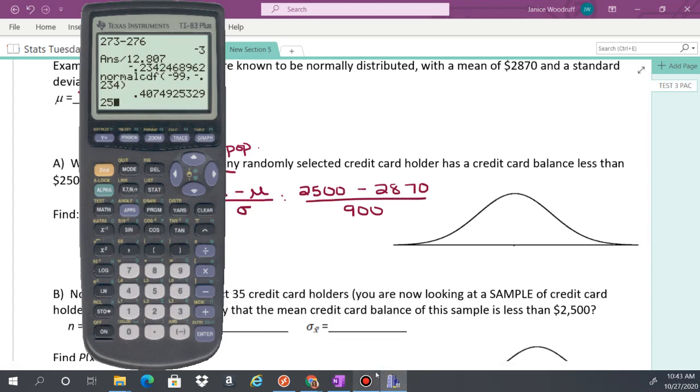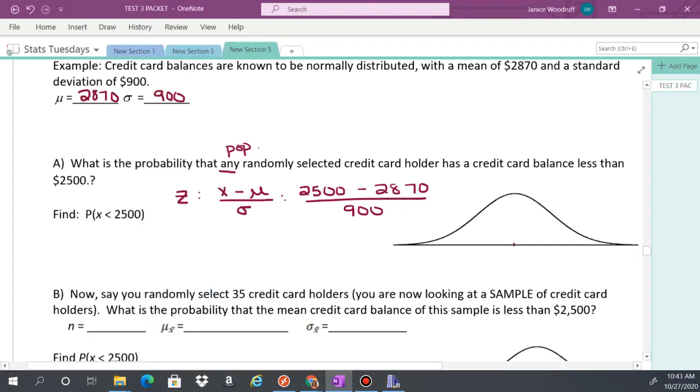So 2,500 minus 2,870 divided by 900 gives us negative 0.411. So here's 0, and negative 0.411 probably about right here.